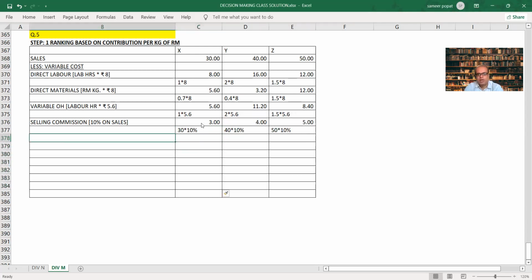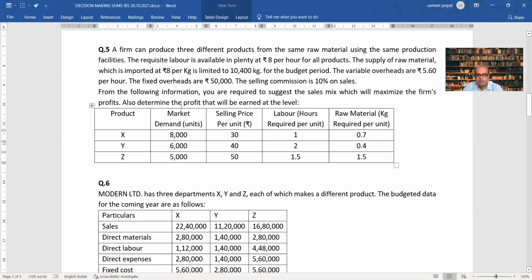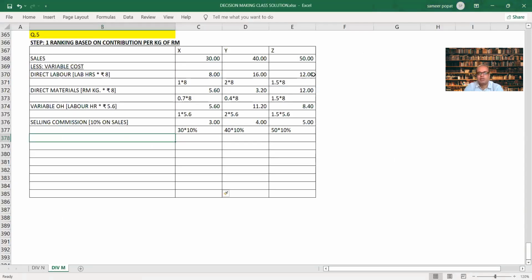So we'll get, I think we have taken all the cost here. Market demand is unit, selling price is considered, labor hour, material. So all costs are being considered. So let us take the total variable cost. It will include from direct labor till selling overhead, selling commission.